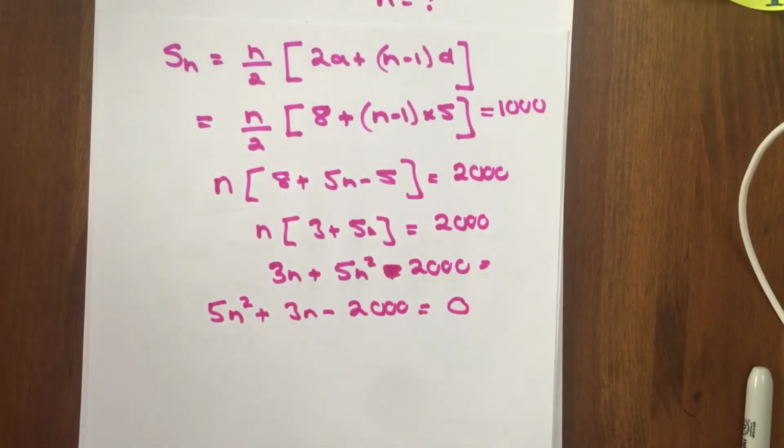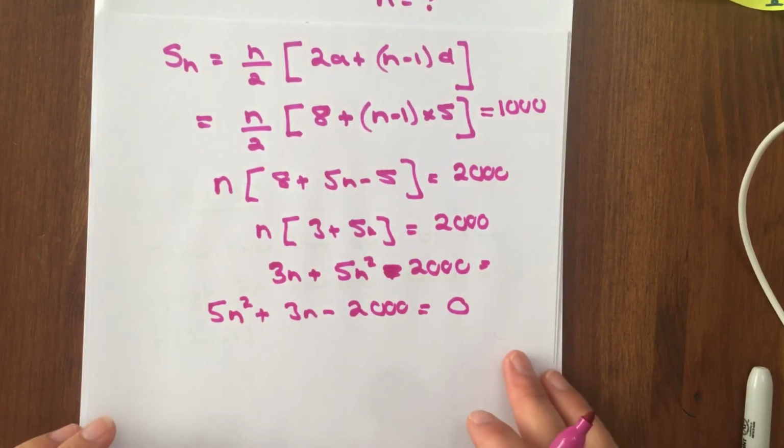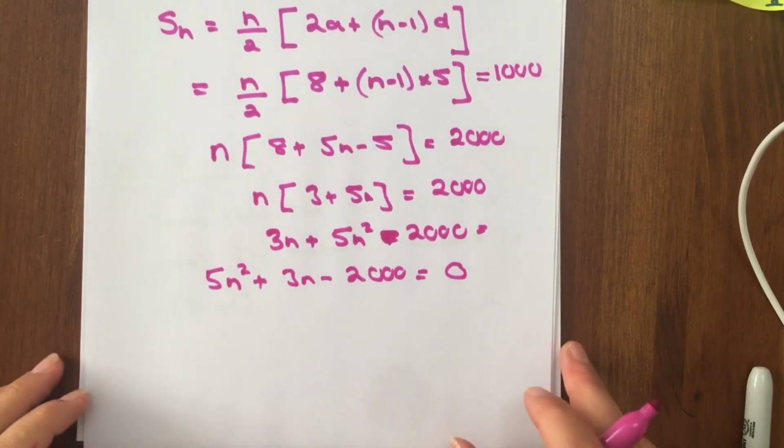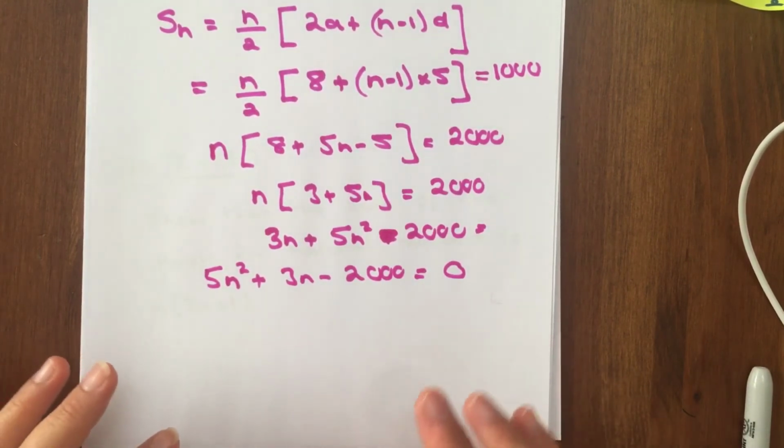So now you have got a quadratic equation, which you need to solve using the quadratic formula on your calculator. Now, n is not going to become a whole number in this stage.